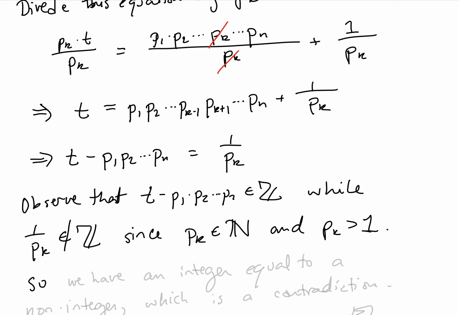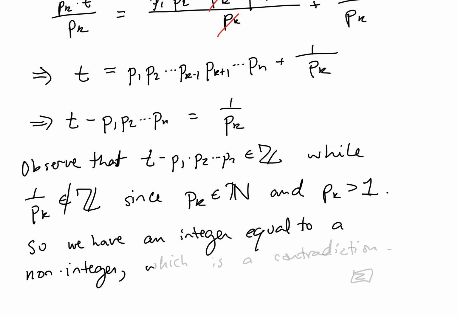So we have an integer equal to a non-integer, which is a contradiction.